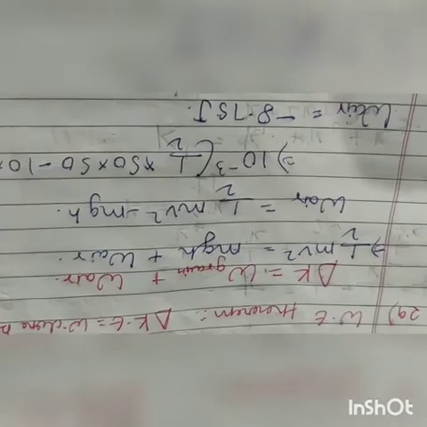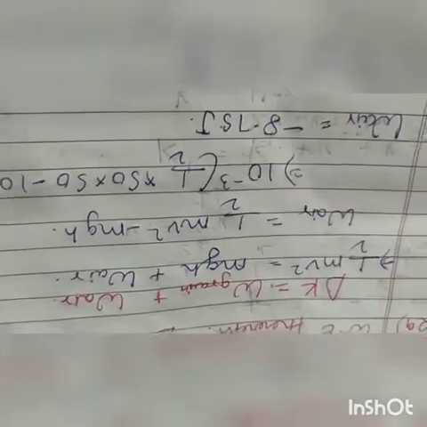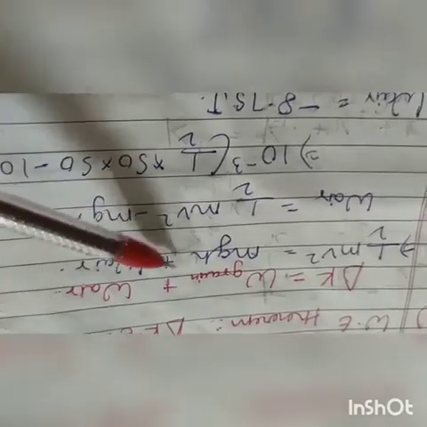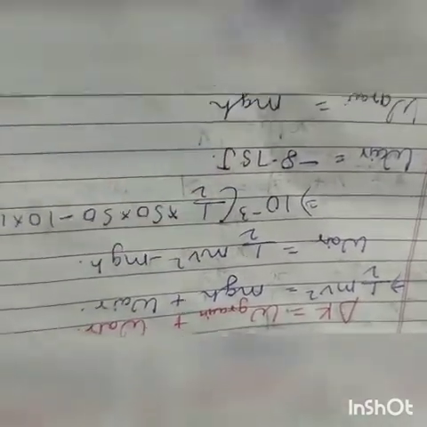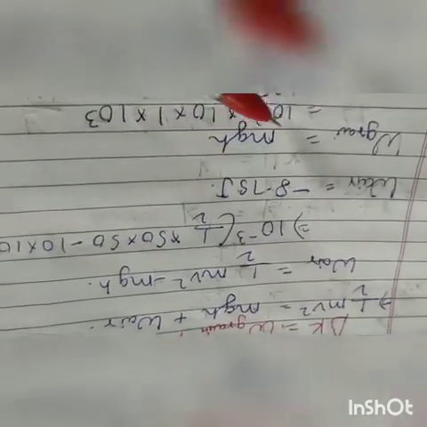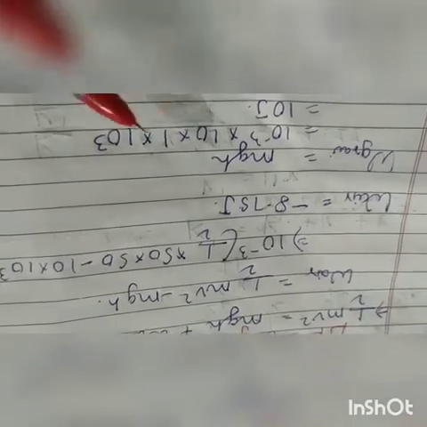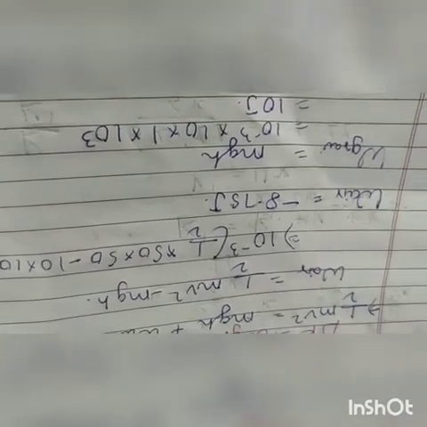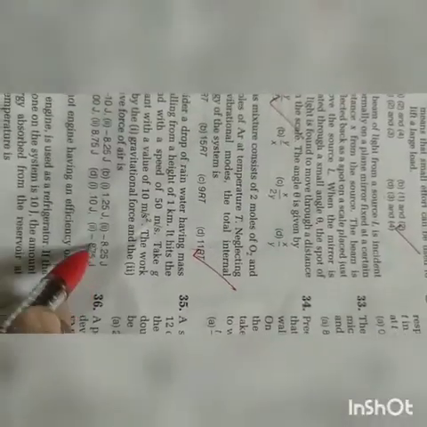So kinetic energy change here is work done by gravity plus work done by air. For gravity W will be mgh, and for air we have to find out. After substituting all the values we get minus 8.75, and work done by gravity mgh, after putting the values of m, g and h, we get 10 joule. So minus 8.75 joule and 10 joule. Here the correct option is C.